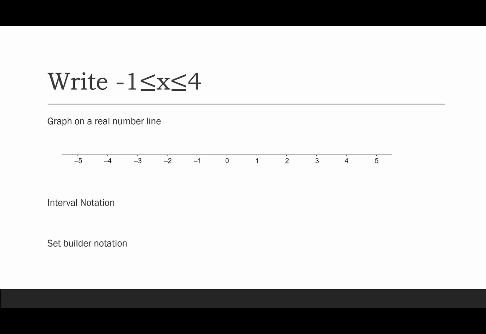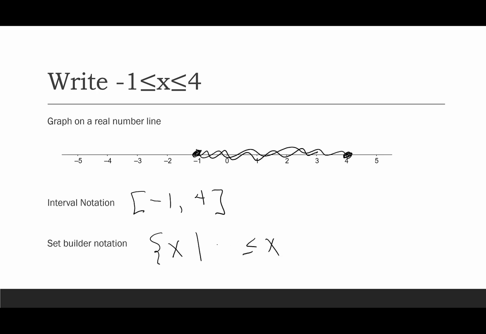If I have -1 is less than or equal to x, which is less than or equal to 4, I am going to have a closed dot at -1, I will have a closed dot at 4, and then I will shade everything between those 2 points. As an interval, it's a square bracket at -1 and a square bracket at 4. Set builder, I write the set of all x such that x is greater than or equal to -1 and less than or equal to 4.